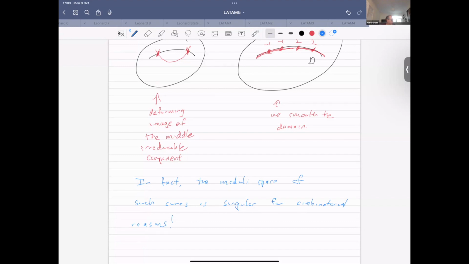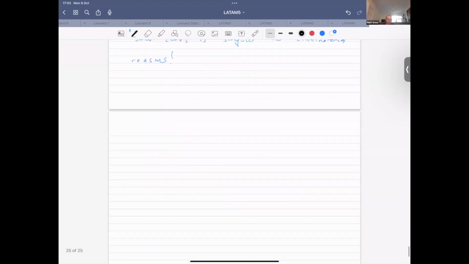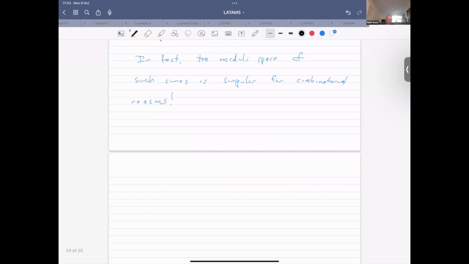So this actually generates a lot of interest in the theory, and there are many different subtleties, but we do get a good theory, and we can, at the end of the day, define those negative contact order invariants we needed last time to define the intrinsic mirror. And we can also use these, and this is what I want to talk about, but don't have time, to define a consistent wall structure.